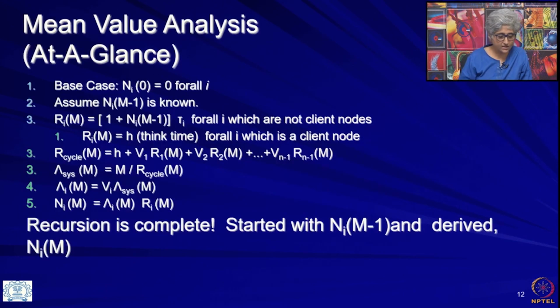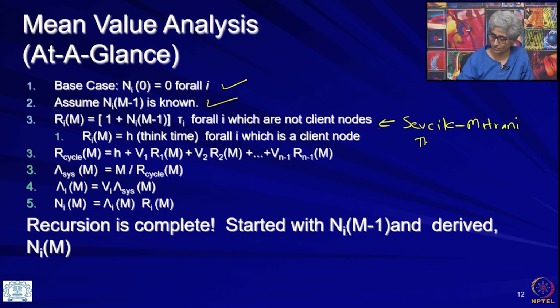At a glance, this is just repeating that N_i(0) equal to 0 is the base case, then we assume that N_i(m-1) is known, and we get the node response times using this part, which is the one that uses the Sevcik-Mitrani theorem, to be able to substitute N_i(m-1).